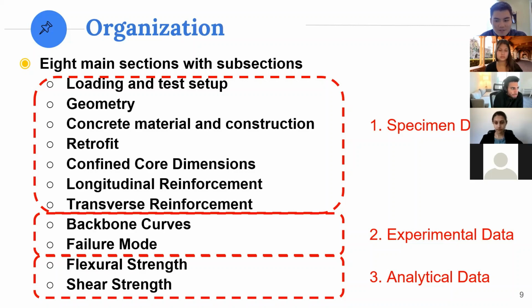And in the experimental section, we have backbone curves and failure mode. And lastly, we have the analytical data, which is where we provide computed data, which is flexural and shear strength.